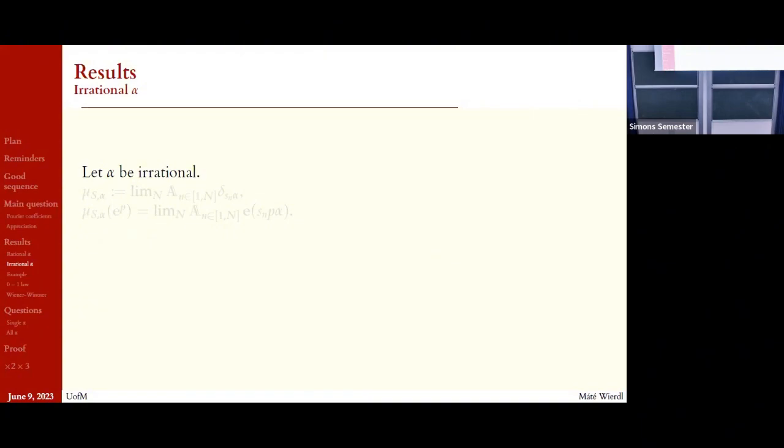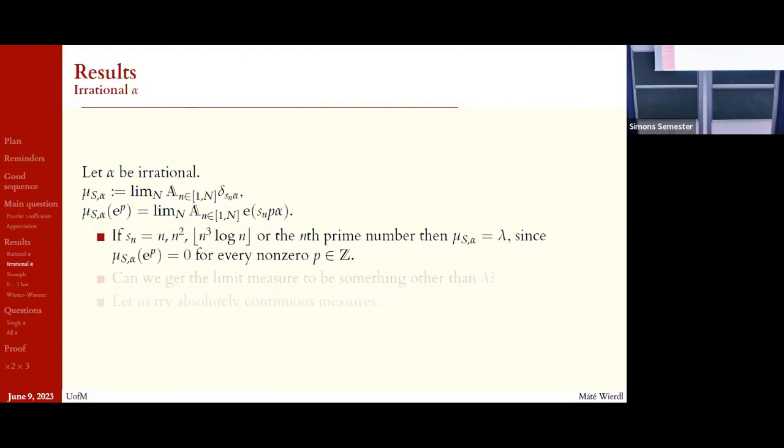So obviously the more interesting question is the case of irrational alpha. So let alpha be irrational. This is just a reminder of the various limits and notations. So again, this is just the Fourier coefficient of the limit measure.